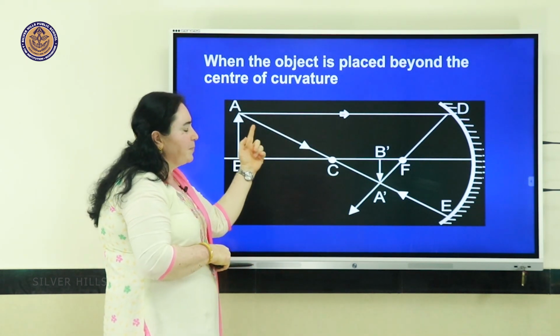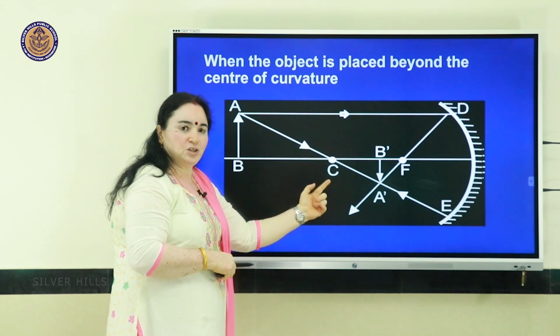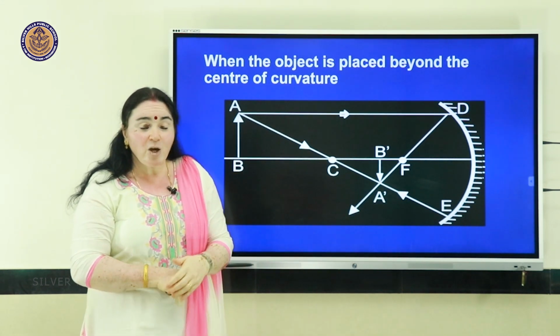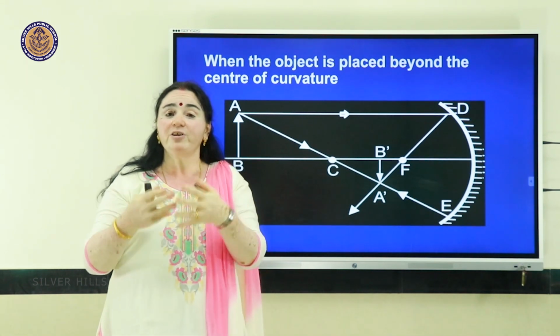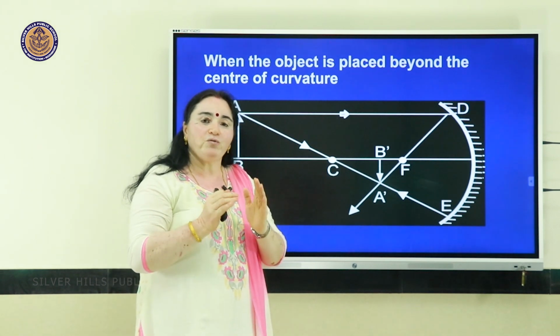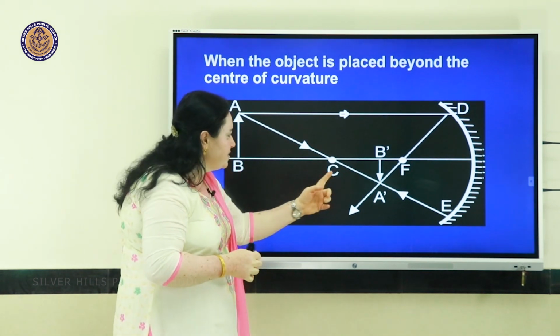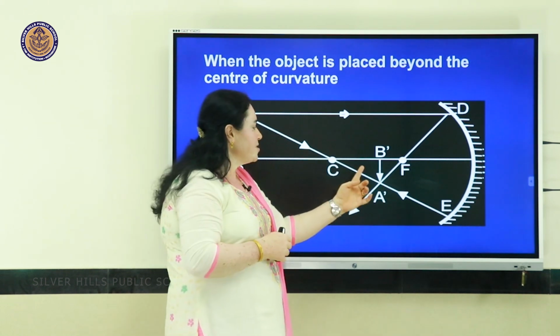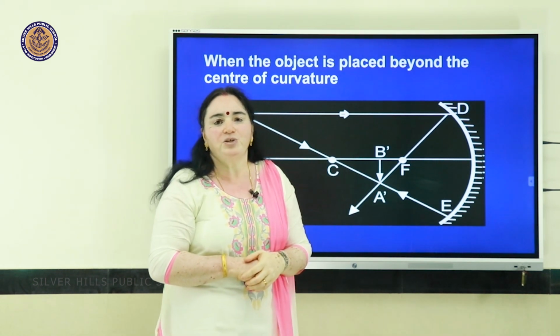A ray of light that passes through the center of curvature after reflection retraces the same path. Now, these two rays of light after reflection, where they meet, at that point you will get your image. And this is exactly the point at which they crisscross, right? So, this is the point at which my image is created.